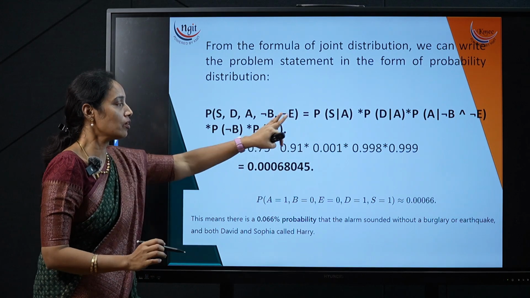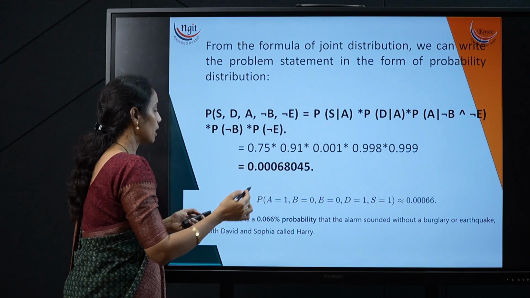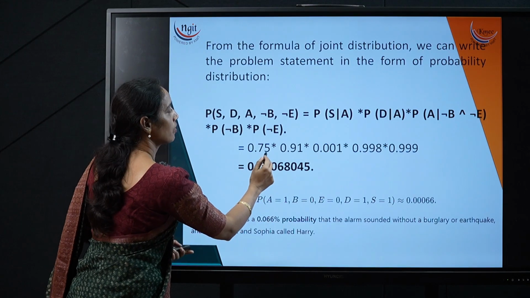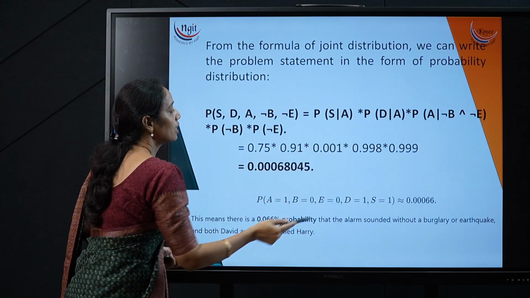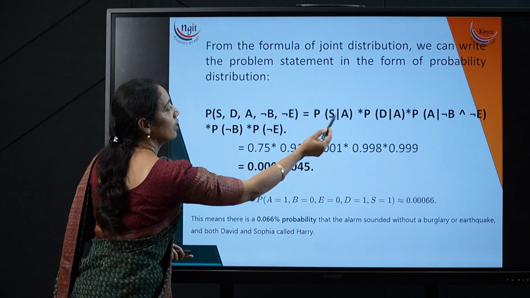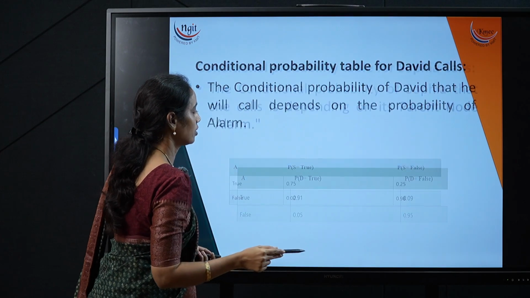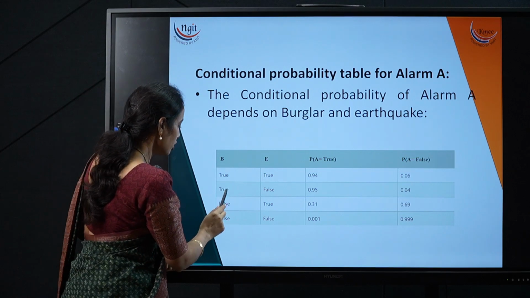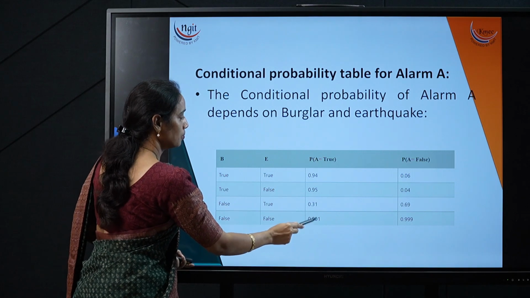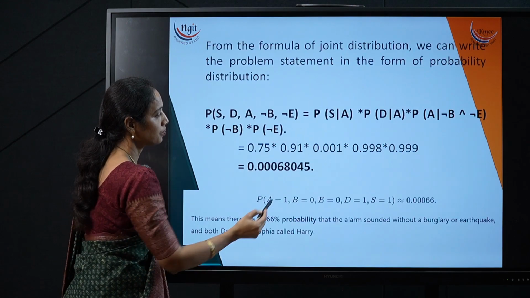So now we already know the values from the conditional probability table. The probability of Sophia calls given alarm is 0.75. The probability of David calls given alarm is 0.91. Now the probability there is an alarm, but there is no burglary and there is no earthquake, let us see that value. It is 0.001, the same value here.